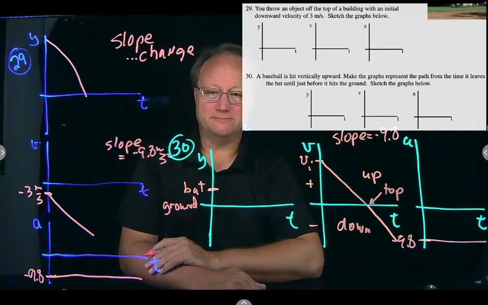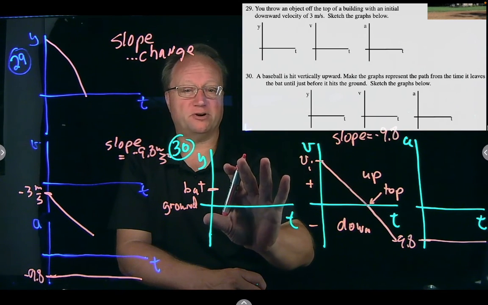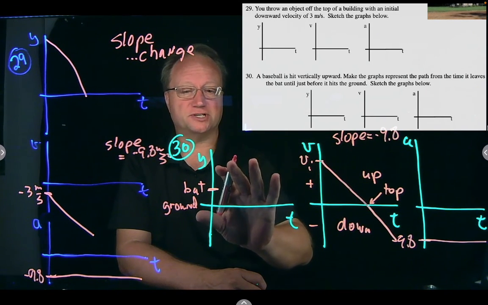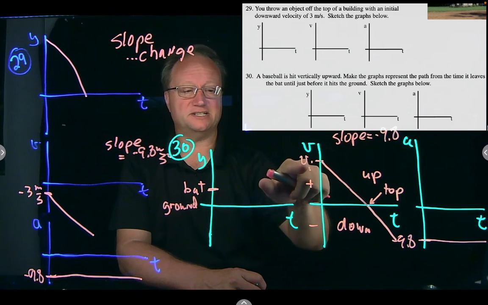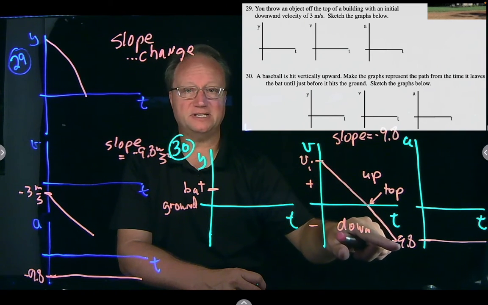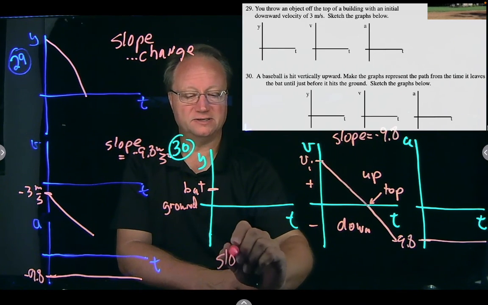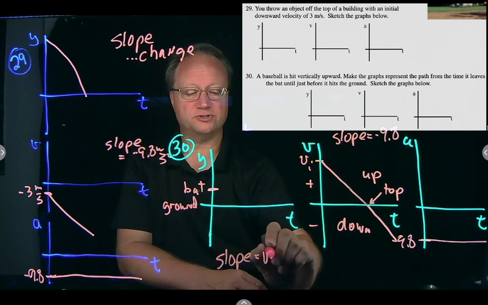Y versus t. Again, from our motion equation, delta y equals vi delta t plus 1/2 a delta t squared, this is going to be a parabolic curve. It's going to start with a positive slope value that gets less and less until the slope at the top is 0, and then the slope becomes negative and more negative, because slope over here is equal to velocity.